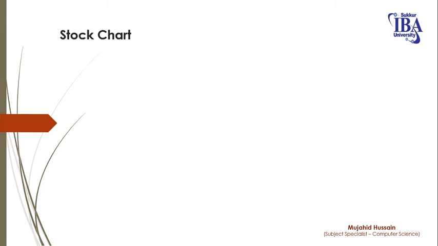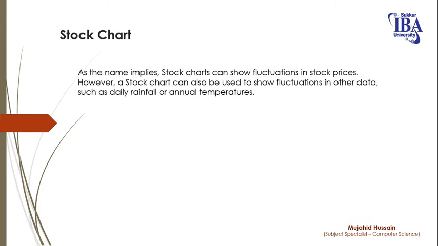Then stock chart. As the name implies, stock charts can show fluctuations in stock prices, meaning the ups and downs in prices will be shown by the stock chart.